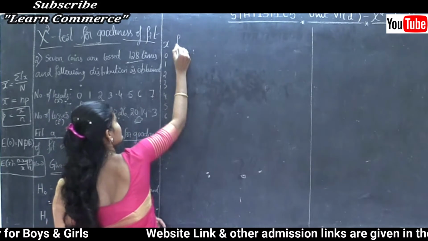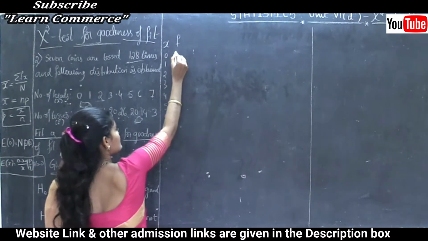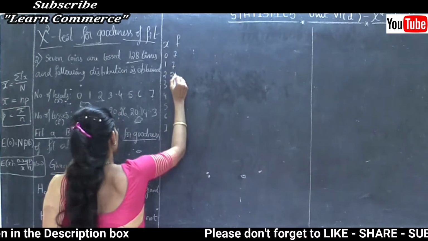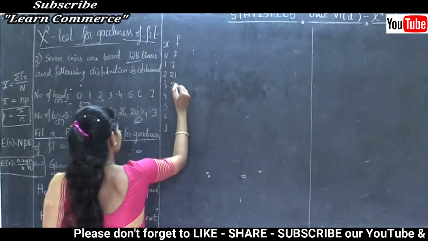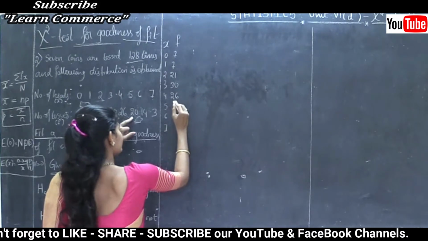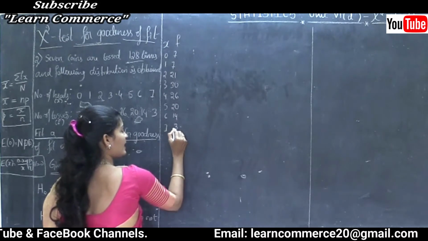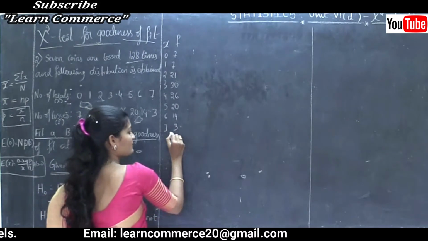Then the frequencies are 7, 7, 21, 30, 26, 20, 14 and 3. These are the given observations.